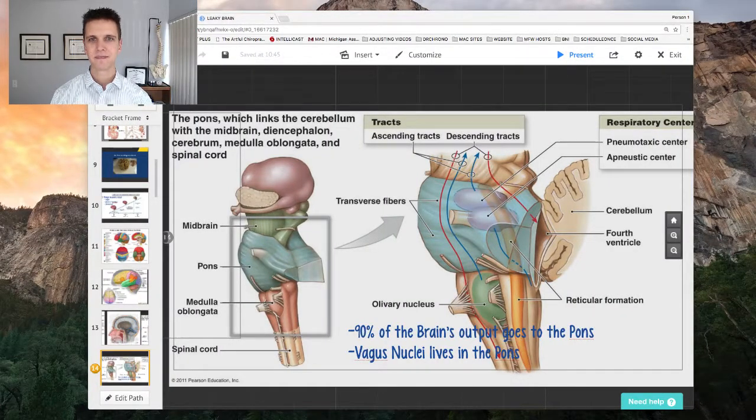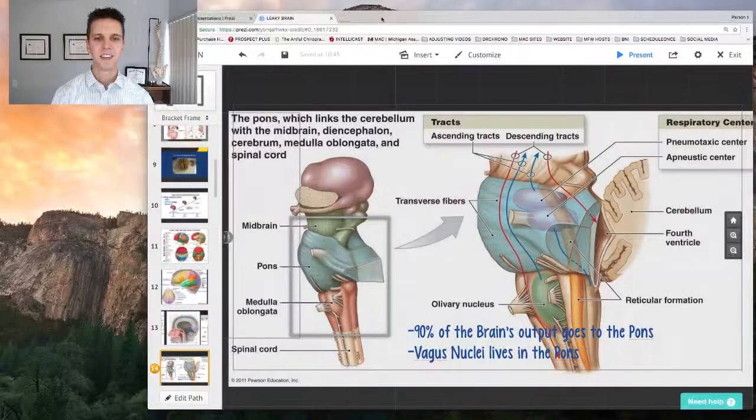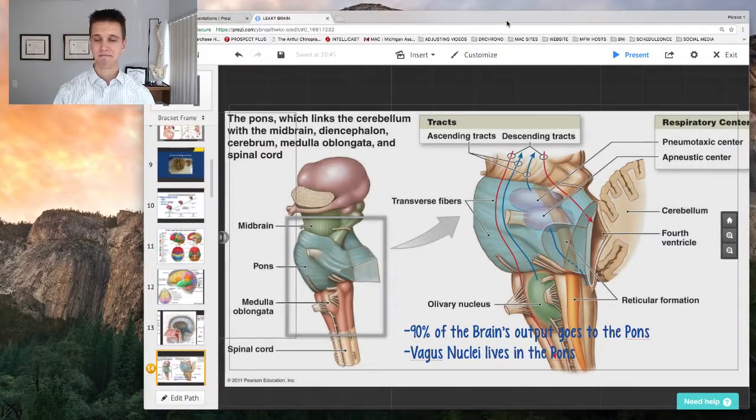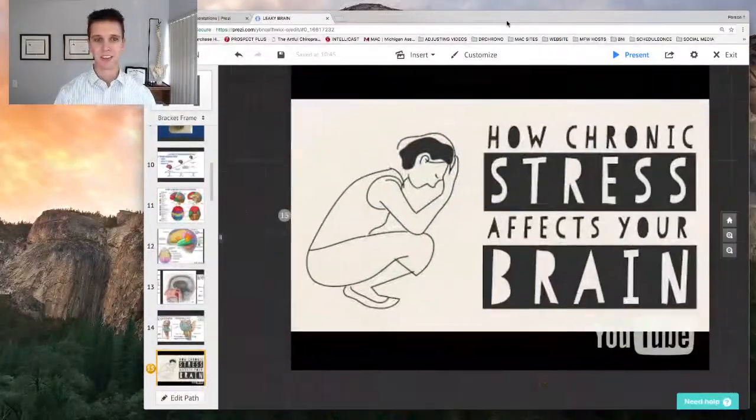Okay? So that's profound because we can influence that vagal motor nuclei with our chiropractic adjustments because our C1 occiput junction is right over here at the very bottom of the brainstem, top of the spinal cord. All right. So if that doesn't get you excited, it gets me very excited. We'll say that.